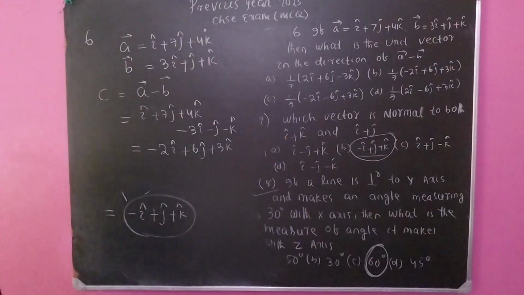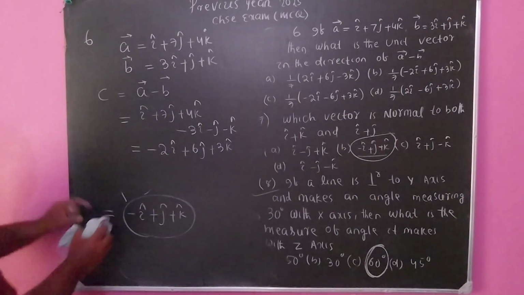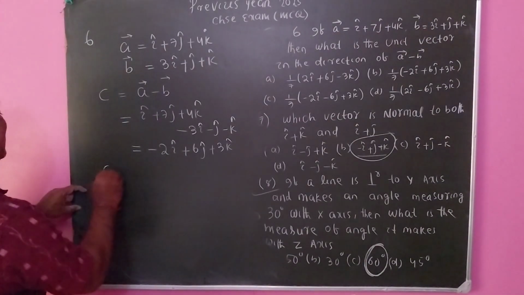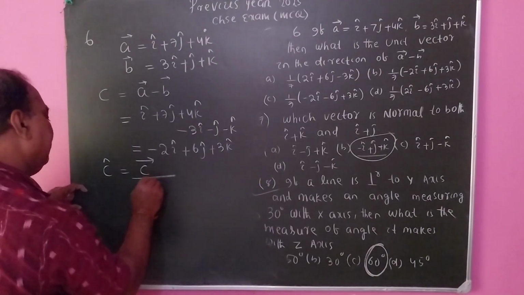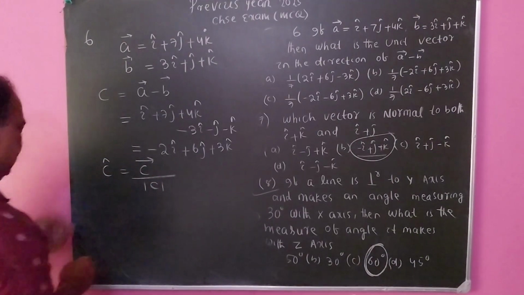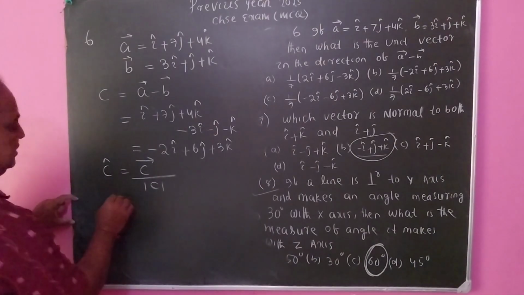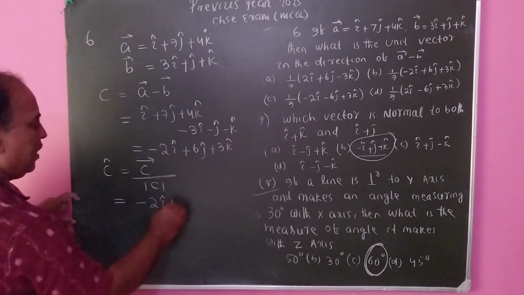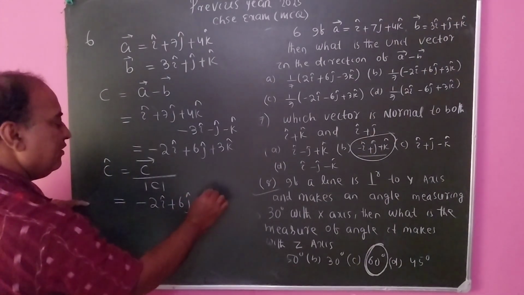This is C. Our aim is to find C cap. C cap means C vector divided by magnitude of C. So C vector is minus 2i cap plus 6j cap plus 3k cap.